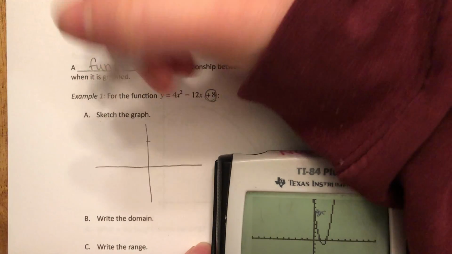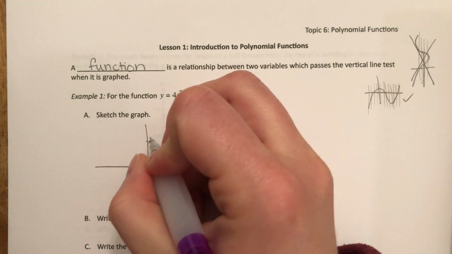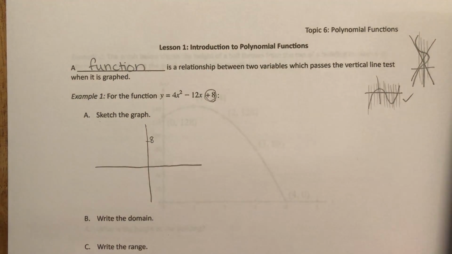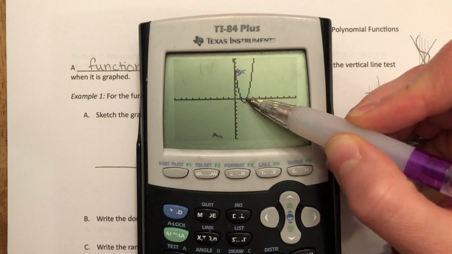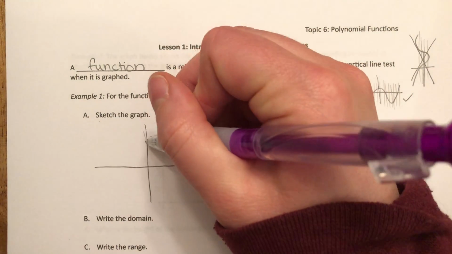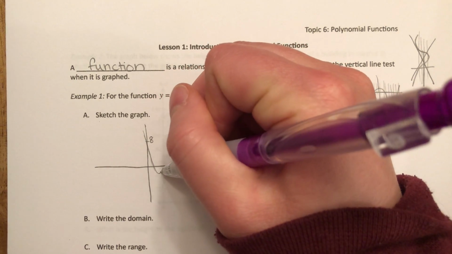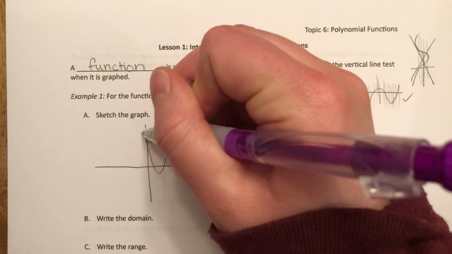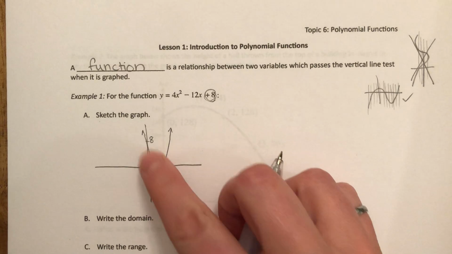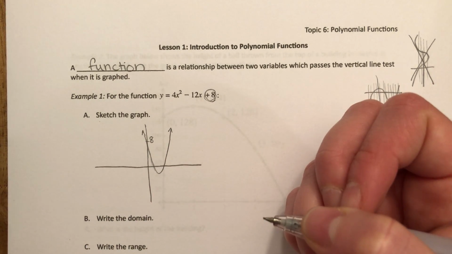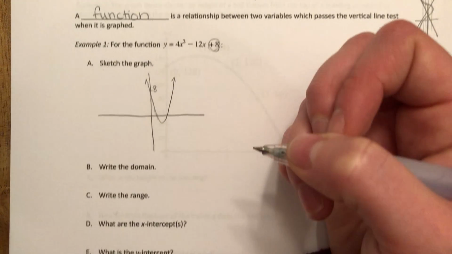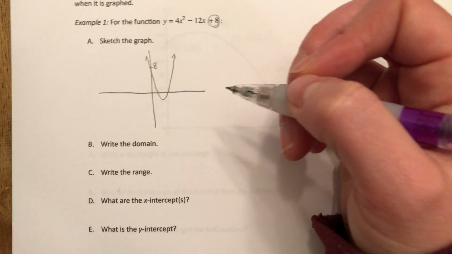So I know that my y-intercept is up at 8. And then from my calculator, it kind of looks like one intercept on the x is 1, one intercept on the x is 2, and we'll talk about how to verify that in a second. But my graph kind of looks like that. So it just drops really slightly below. I'm up at 8, and there's my sketch, okay? And we're gonna fill in a couple things on the sketch as we go along.